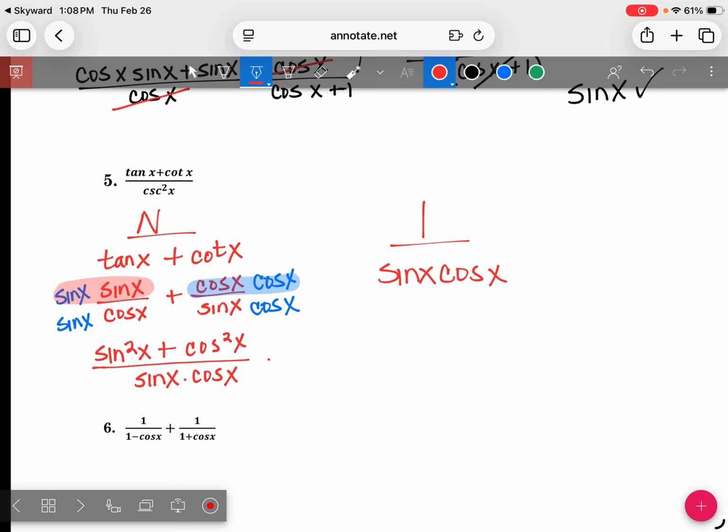All right, so now let's start working with our denominator. The denominator is just cosecant squared. There is not much I can do with that denominator except write it as 1 over what? What is cosecant squared? 1 over what squared?